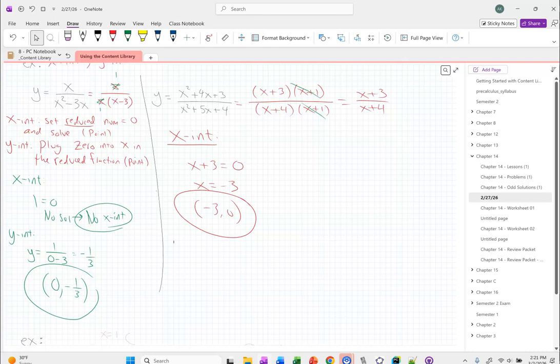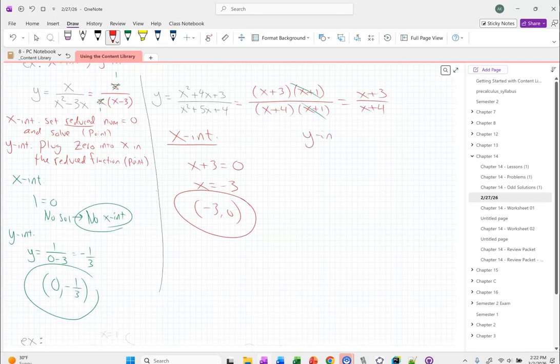The expectation is that after we've done these as standalones, I could give you one where I ask you to find all the features, or here's all the features, draw me the graph. But this is only looking at two of the features, just x and y intercepts. So I don't care about the degrees for that. Cool? Okay.